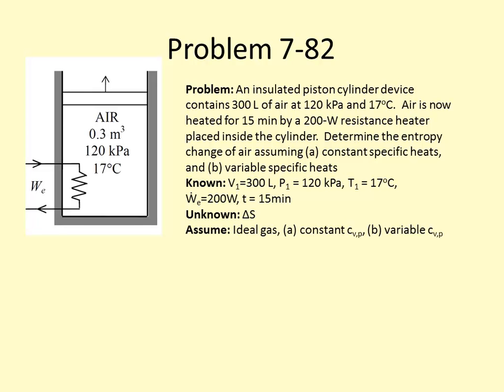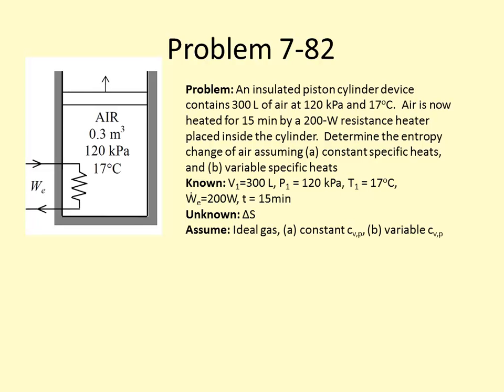The same thing we did, 200 watts, so 0.2 kilowatt times 15 minutes, 60 seconds per minute, divided by the mass, which we found to be 0.4325 kilograms. H2 is equal to 706.34 kilojoules per kilogram.